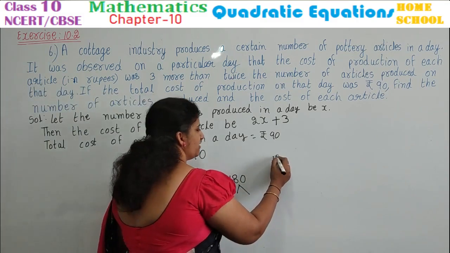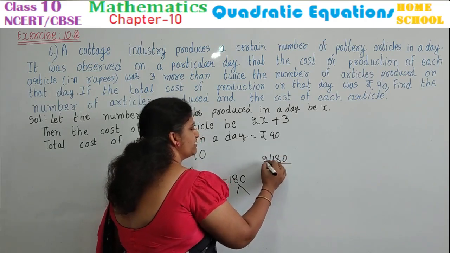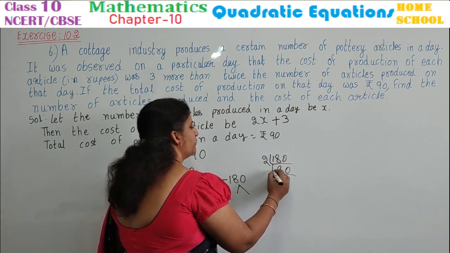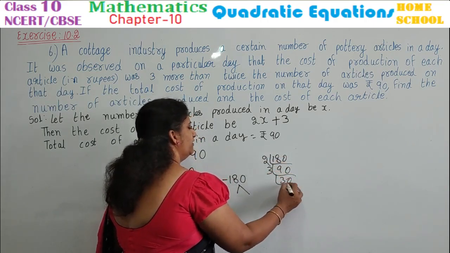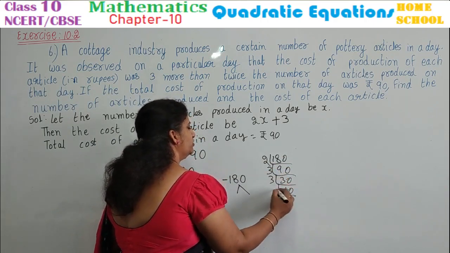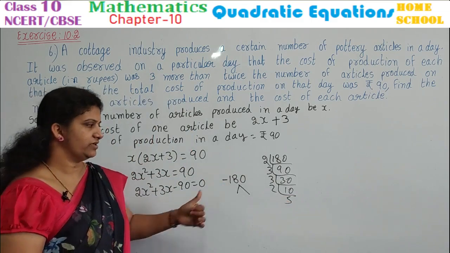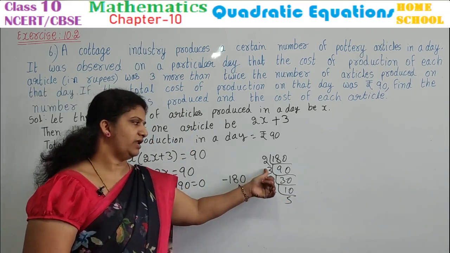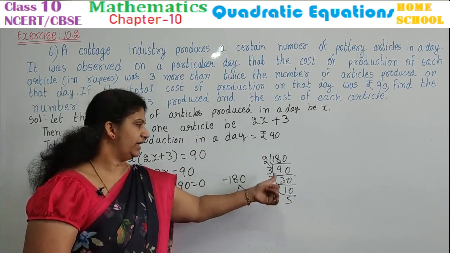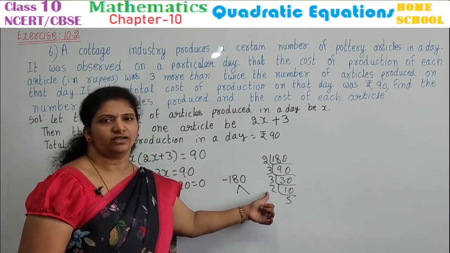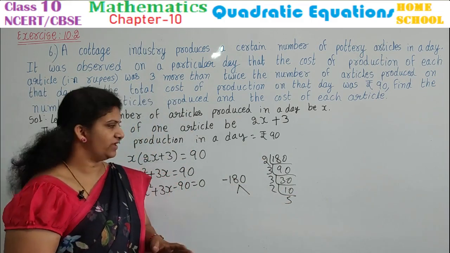Okay, let's do the LCM here, in the rough column. 90, 3 30s are 90, 3 10s, 2, 5. Now keep concentration. 3 3s are 9, 9 2s are 18, 5 2s are 10, 10 and 18 we won't get.